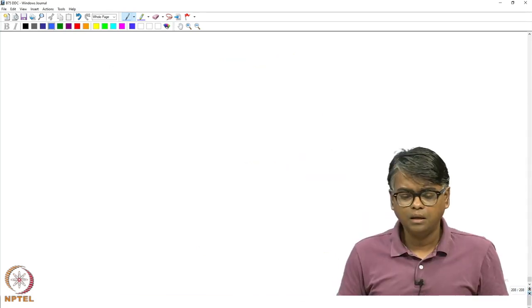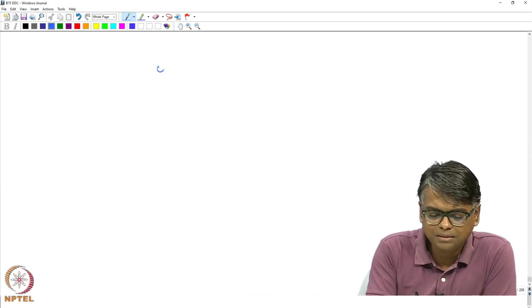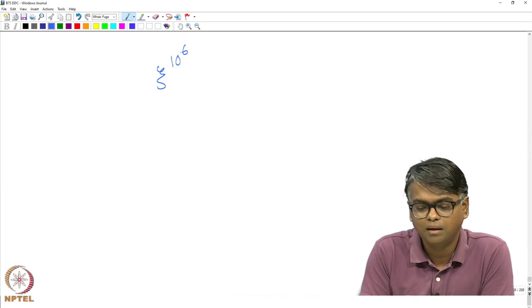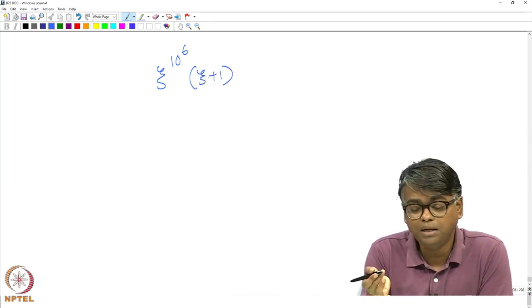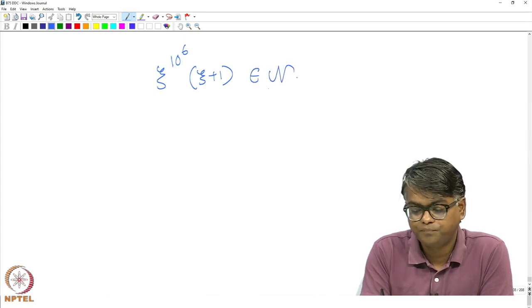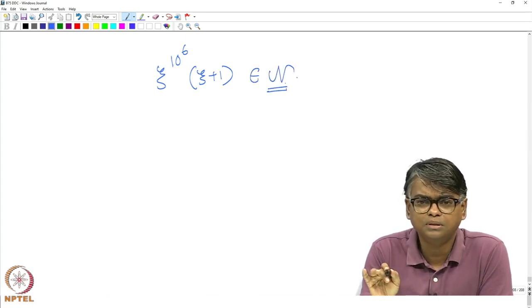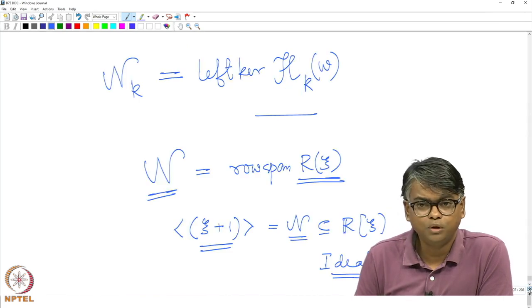Indeed, as I explained in the last lecture as well, just multiply this by xi to the power 1 million, and then xi plus 1. This has degree 1 million plus 1. This also belongs to N.